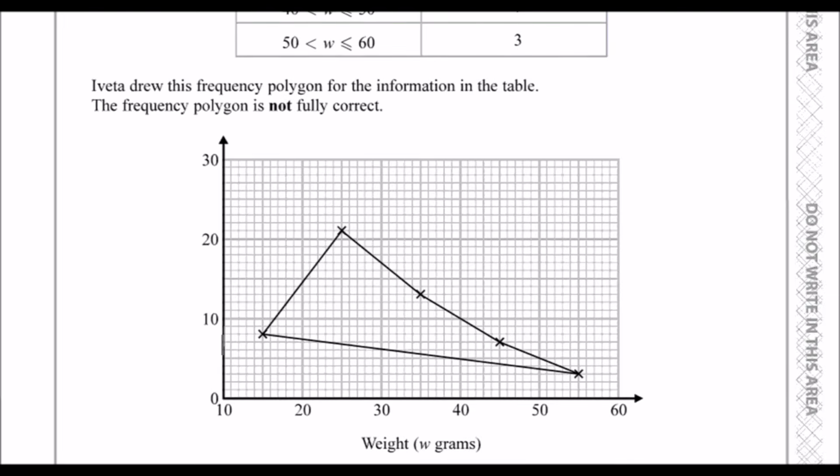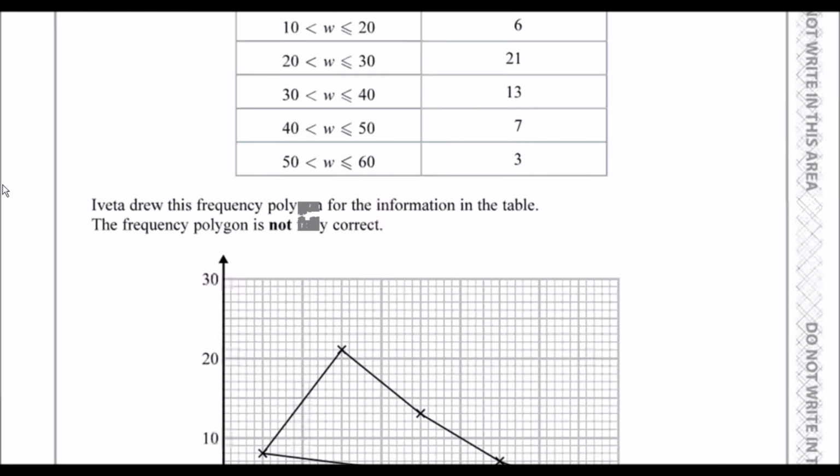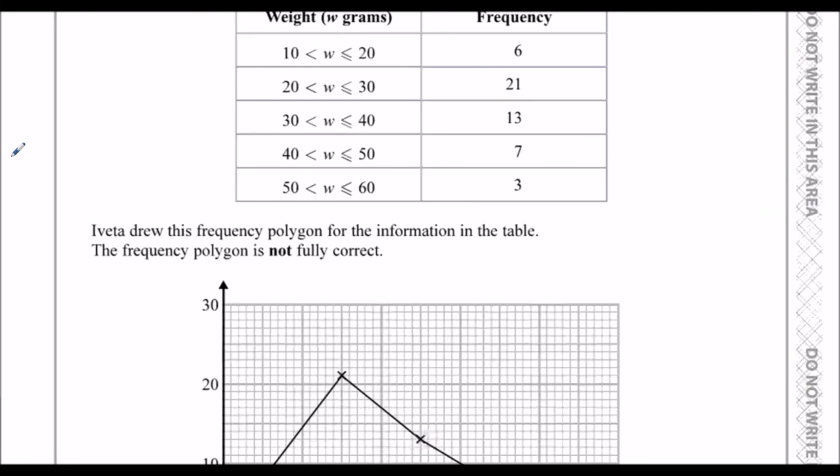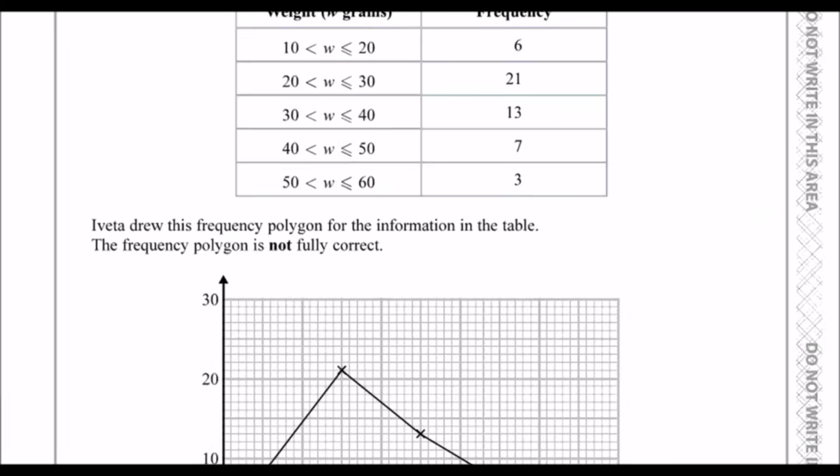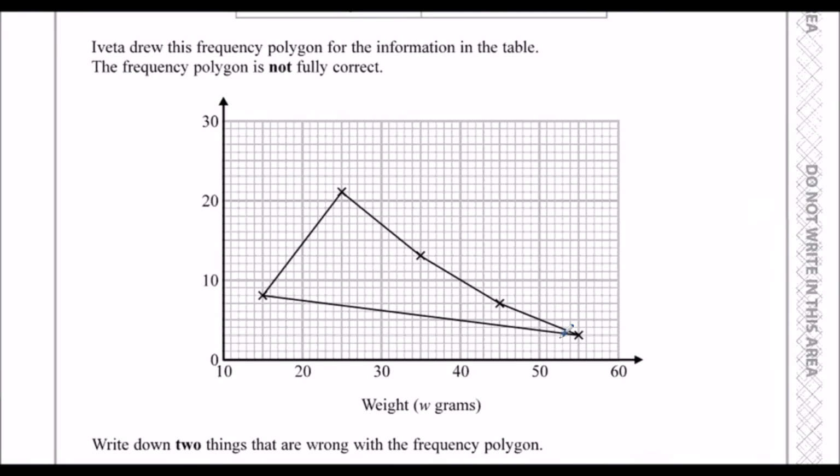So the first thing that's wrong, well, I should say before I say what's wrong, for a frequency polygon, we should be plotting the midpoint against the frequency for all of these points, and then join the points up with a ruler. We shouldn't be joining the first and last point together.